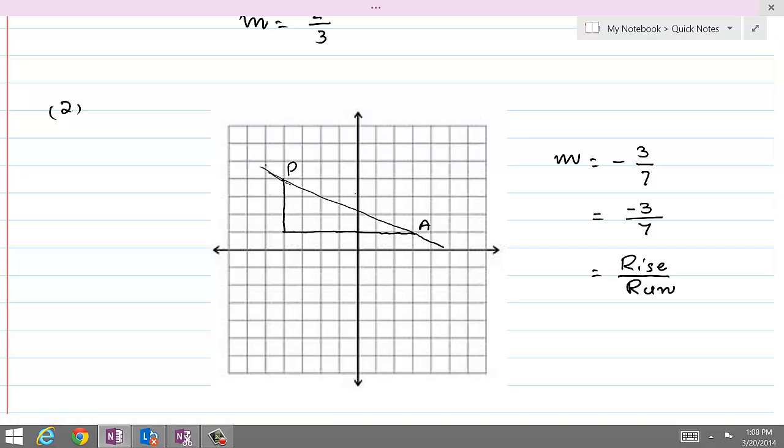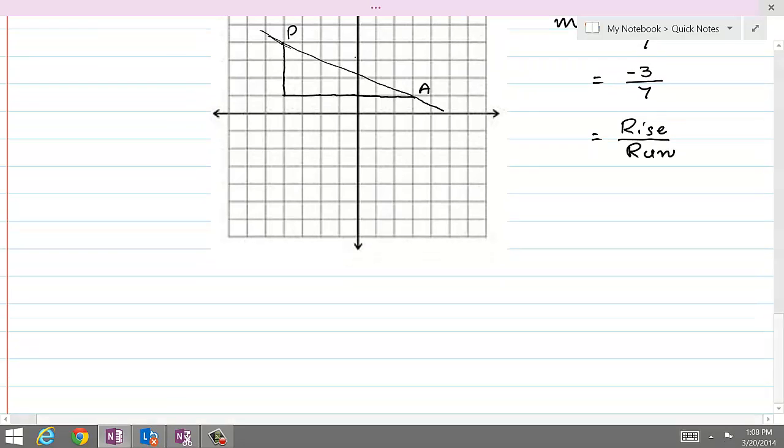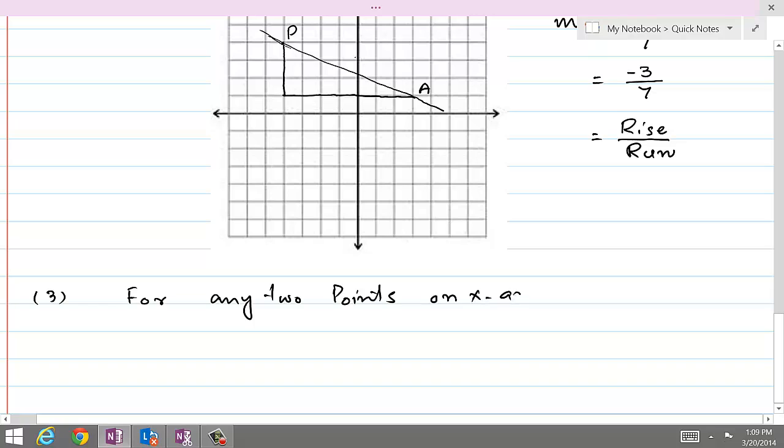And for question number 3, what is the slope of the x-axis? For any 2 points on the x-axis, what is so special about points on the x-axis? For any point on the x-axis, y will always be equal to 0.